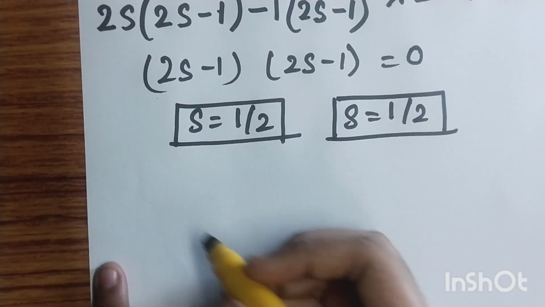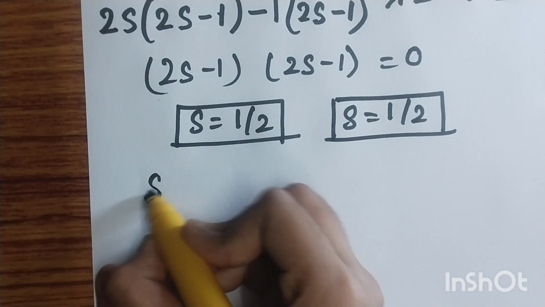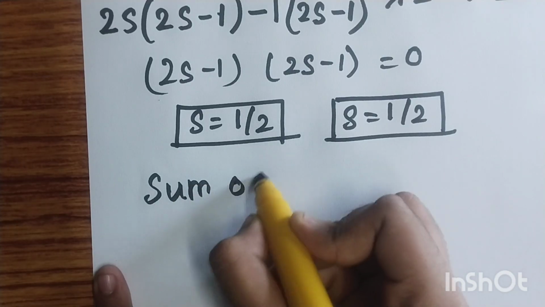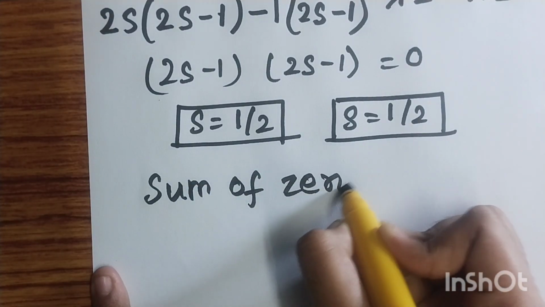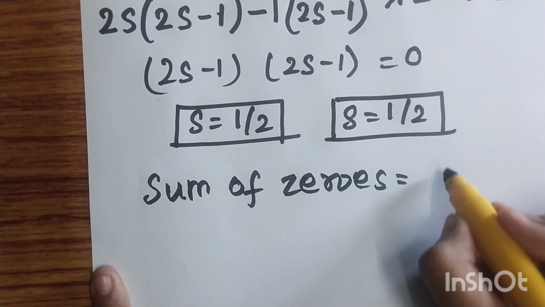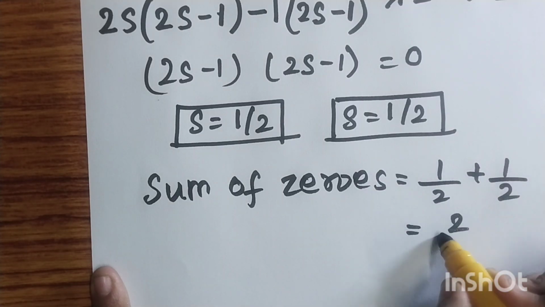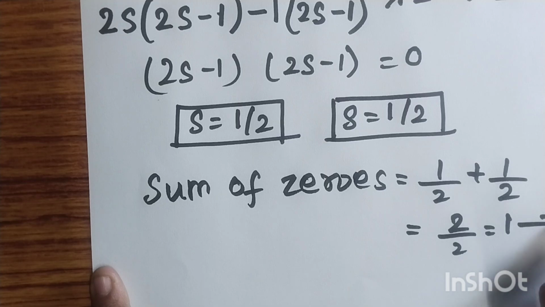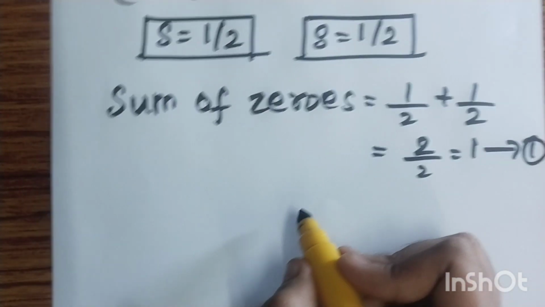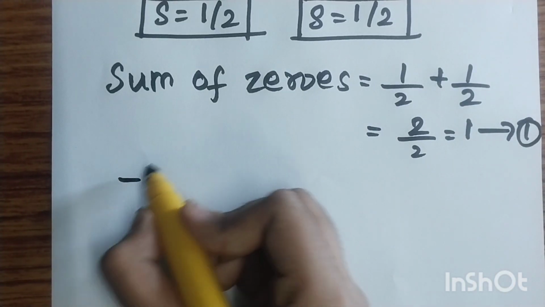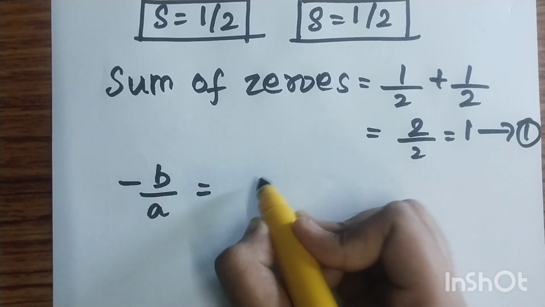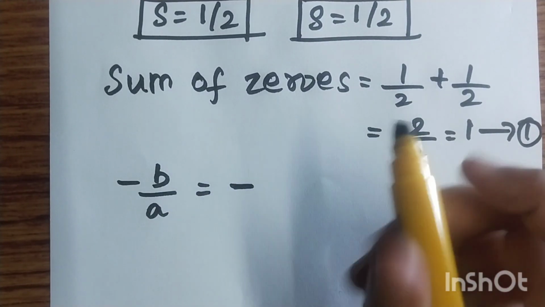Now we are going to find the sum of the zeros. Sum of zeros, 1 by 2 plus 1 by 2 is 2 by 2, which is 1. So this is my first equation, and minus b by a. So first put the minus sign and check the value of b.